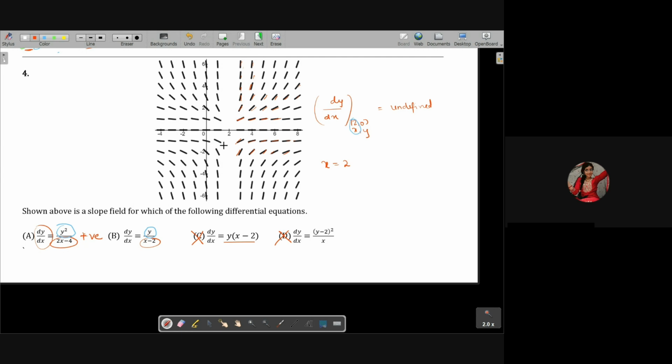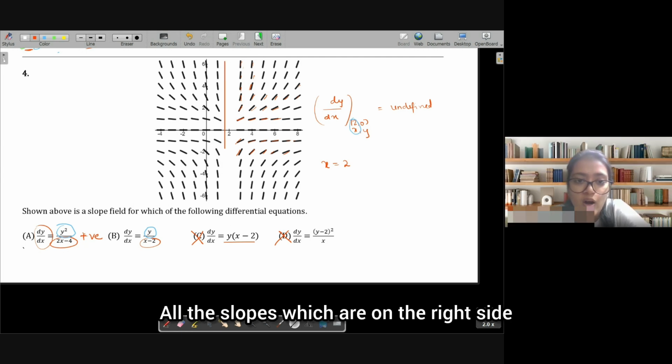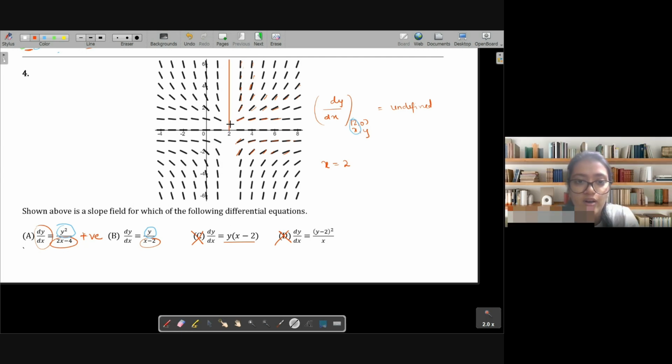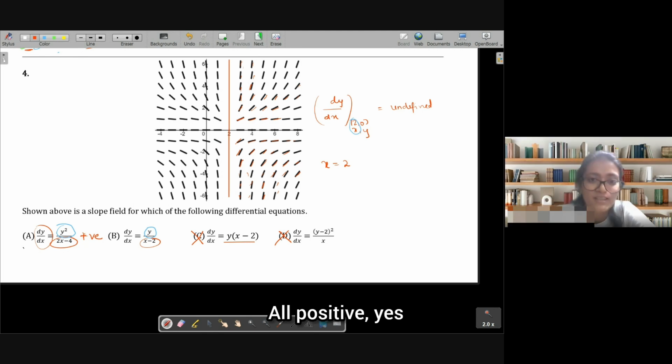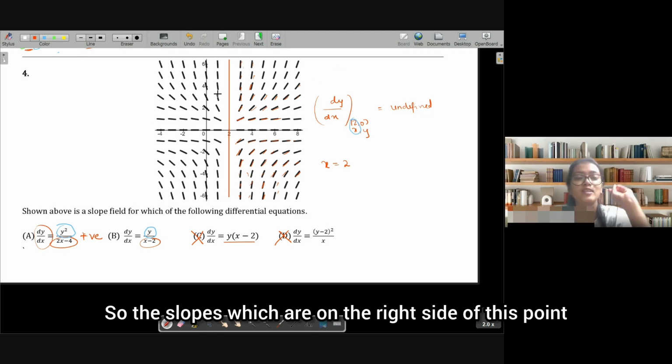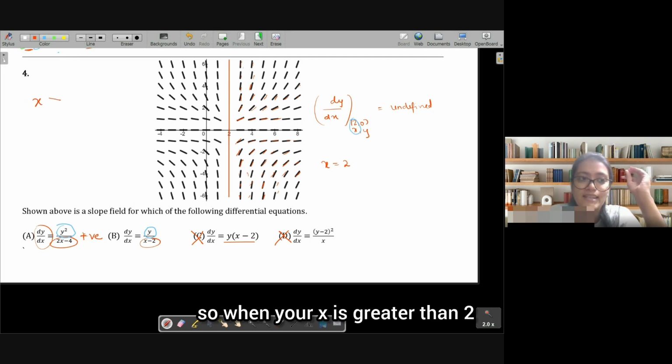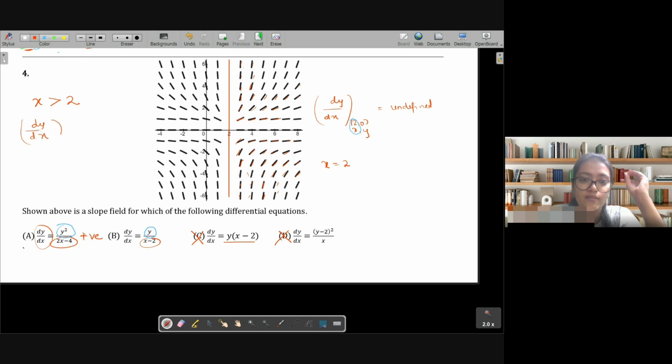All the slopes which are on the right side of the line x equals 2, and they're all positive. All positive, yes. So the slopes which are on the right side of this point, when your x is greater than 2, your dy by dx is positive for x greater than 2.